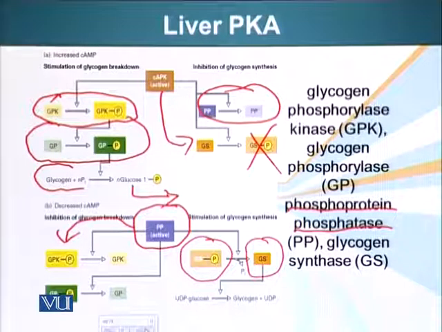Now this glycogen synthase will start adding glucose molecules to the glycogen. So it is very important that cells are not doing things which are counterproductive. On one hand, it is degrading glycogen, and the other system is making glycogen. So this is how the system works very beautifully in response to epinephrine in the environment.